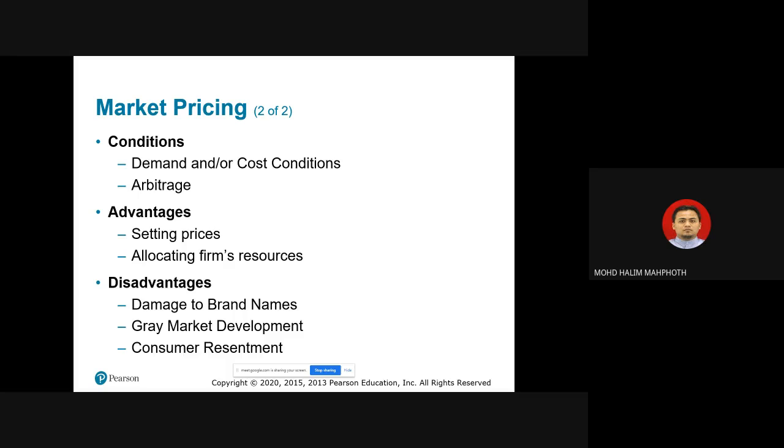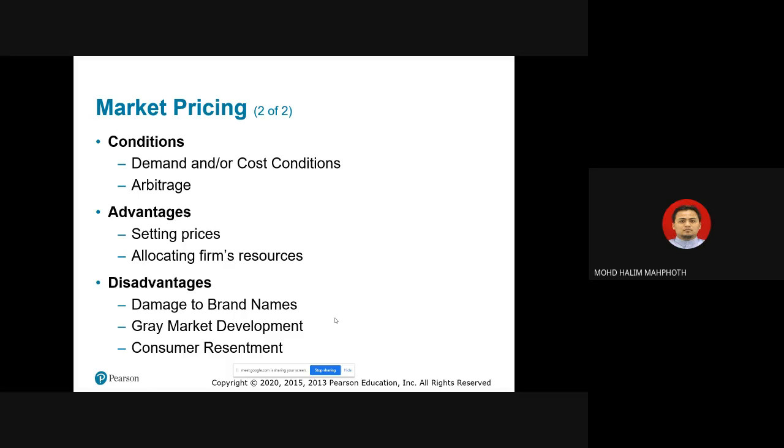If the demand is a bit low, there is no motivation for them to increase the price. And disadvantages: damage to brand names, gray market development. Maybe when it comes to expensive products, people will label that particular brand as an expensive product.